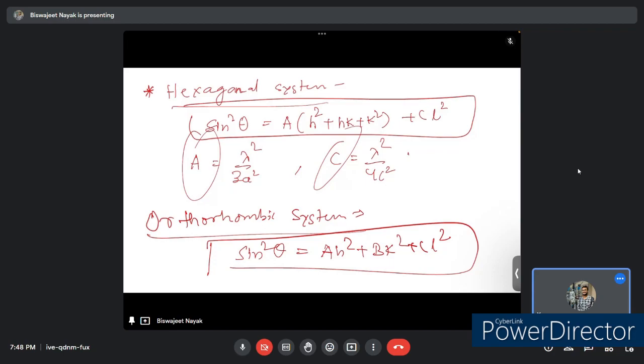Similarly, for the orthorhombic system, this should satisfy the equation sin square theta equals A h square plus B k square plus C l square.